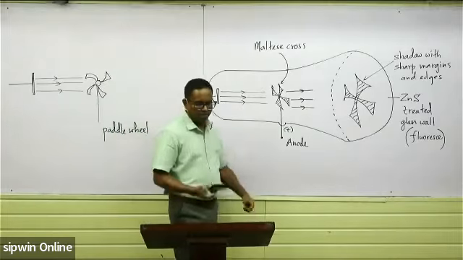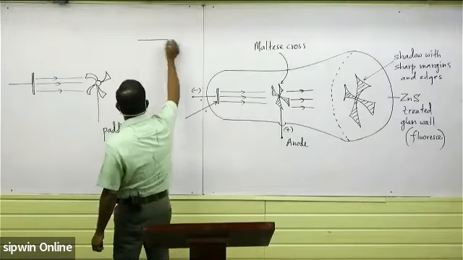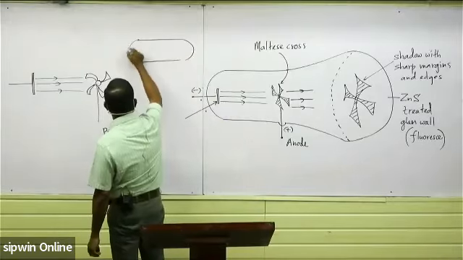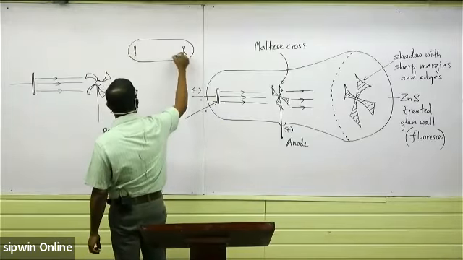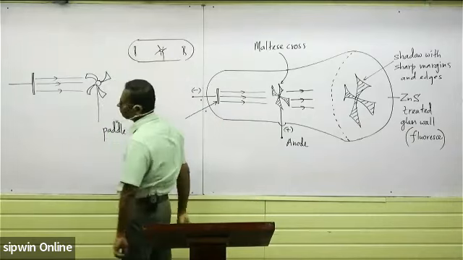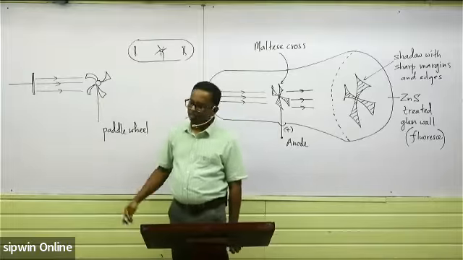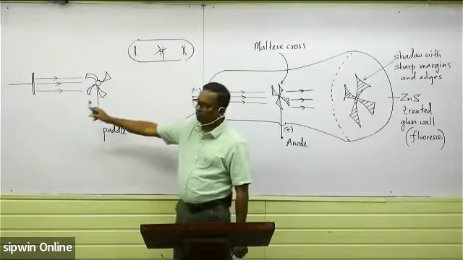Okay. Inside the cathode ray tube, cathode here, anode here, in the path of that place this wheel and produce the cathode rays. When passing the cathode rays here, what happened?